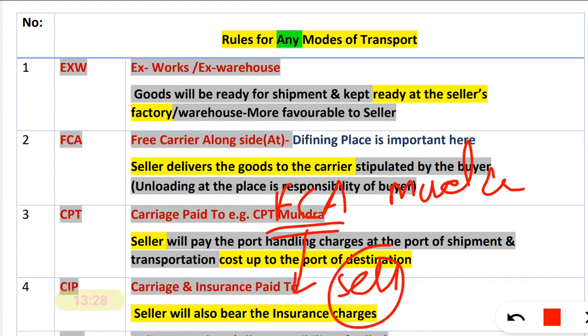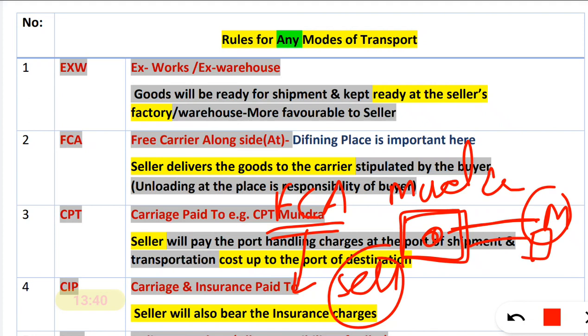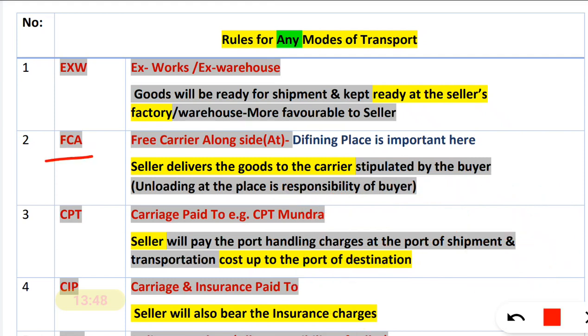If I am the seller, I will pack all the goods, put them into the ship, and that ship will move to the Mundra port and be kept at the Mundra port. But whatever the unloading charges, these are the responsibility of the importer. That is called FCA, free carrier alongside or free carrier at.